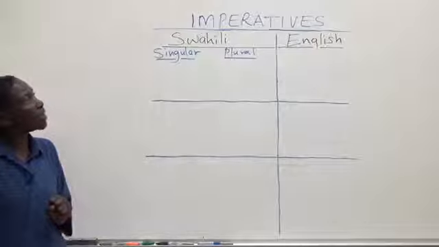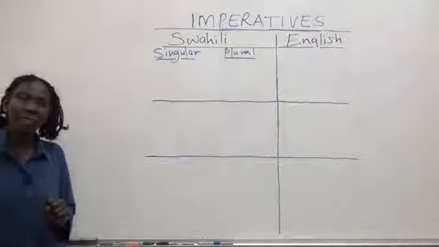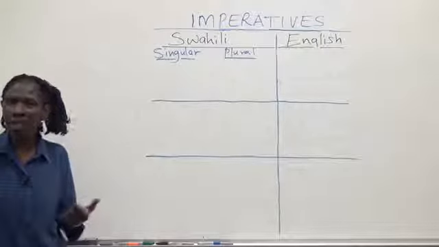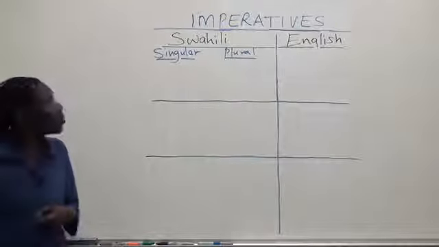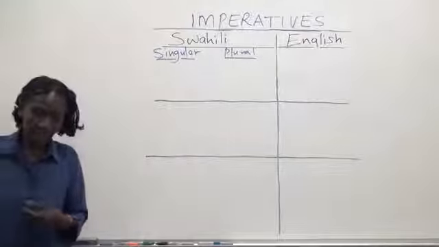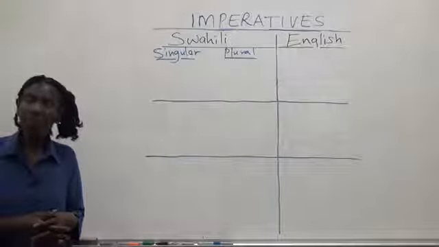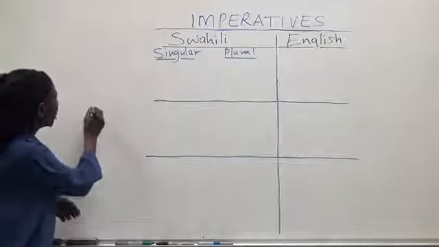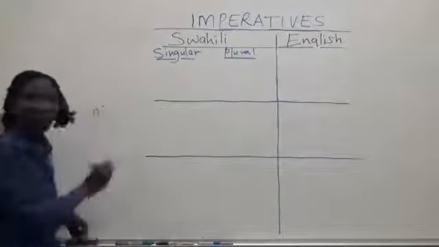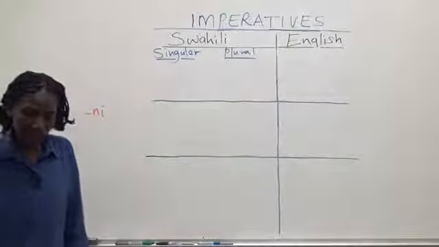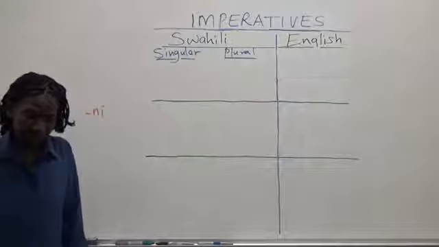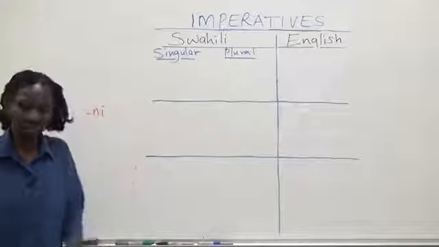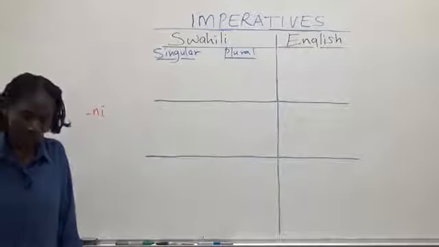Now we want to look at examples as far as imperatives are concerned when you are actually giving a command to more than one person. Now, when the command is being given to more than one person, a plural form with the suffix ni, all right, is added to the verb to show that you're pluralizing your command, okay?